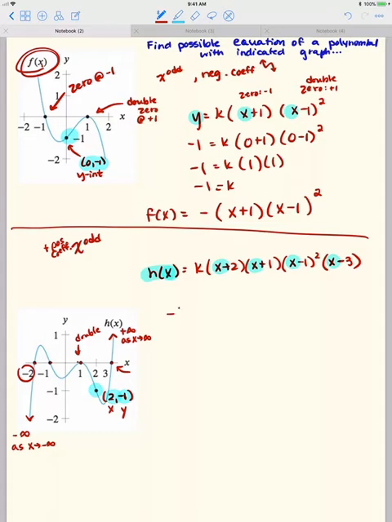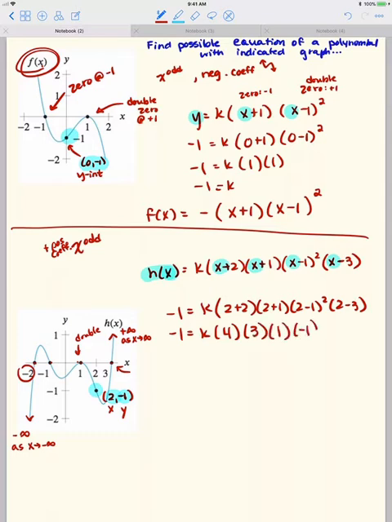So I'll plug -1 in for the function value, 2 in for all the x's: 2 plus 2, 2 plus 1, 2 minus 1 squared, 2 minus 3. Clean that up, we get 4 times 3 times 1 times -1.